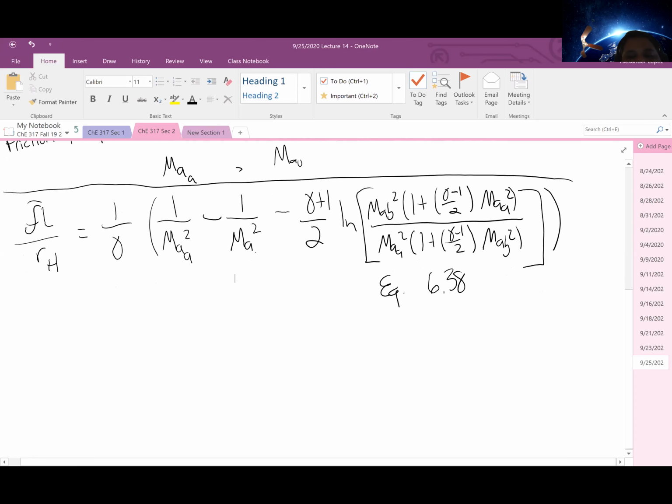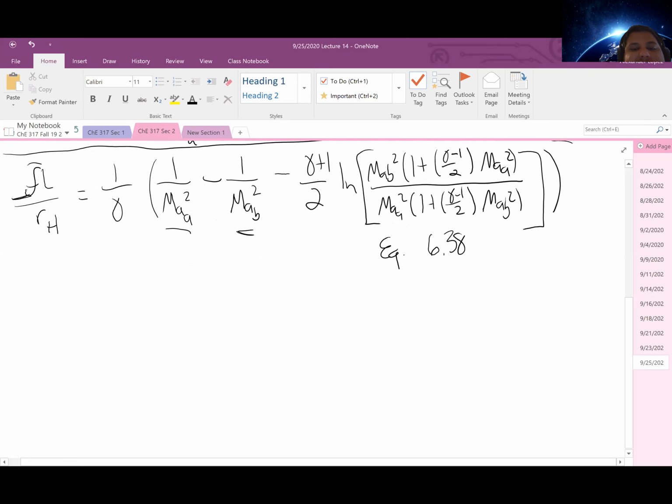What typically we're going to look at is, given an inlet Mach number or an initial Mach number, we can solve for an approximation of the friction factor to get the outlet Mach number, and then ask ourselves if we have to adjust the friction factor based off of that Mach number at the outlet. And so it might shift your friction factor a little bit. And so there is a little bit of iteration involved depending on the friction factor that we see.